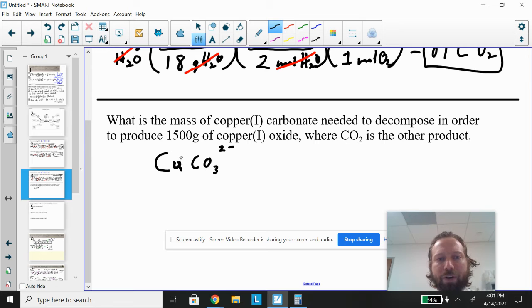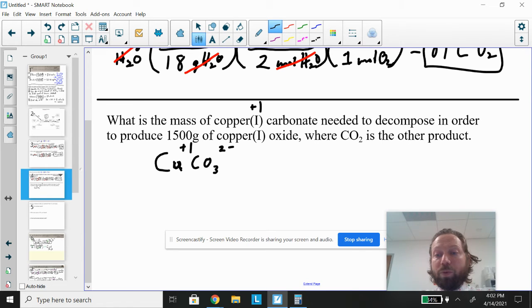Now copper, as it said, is a Roman numeral 1. What this means is it has a +1 charge. What this tells you is that if I just had 1 copper and 1 carbonate, I would not have a balance of charges.